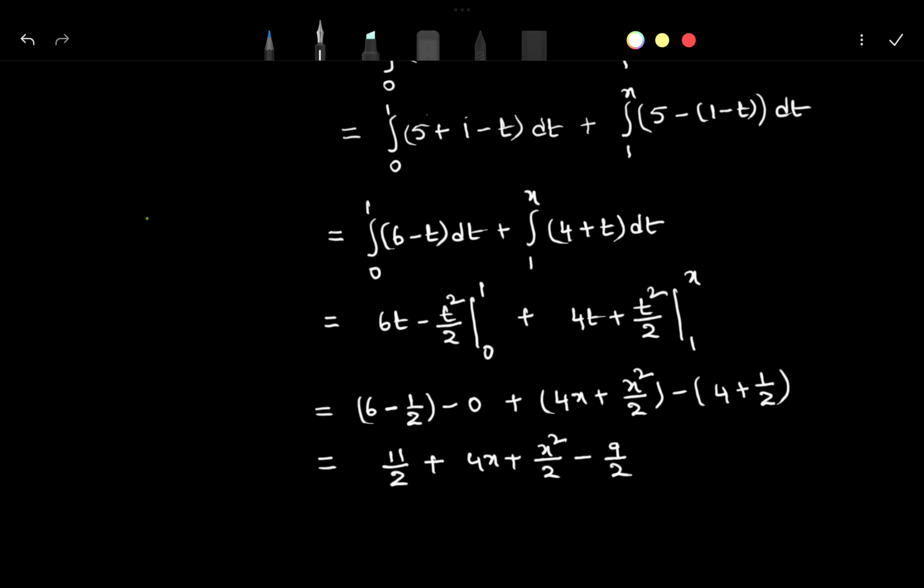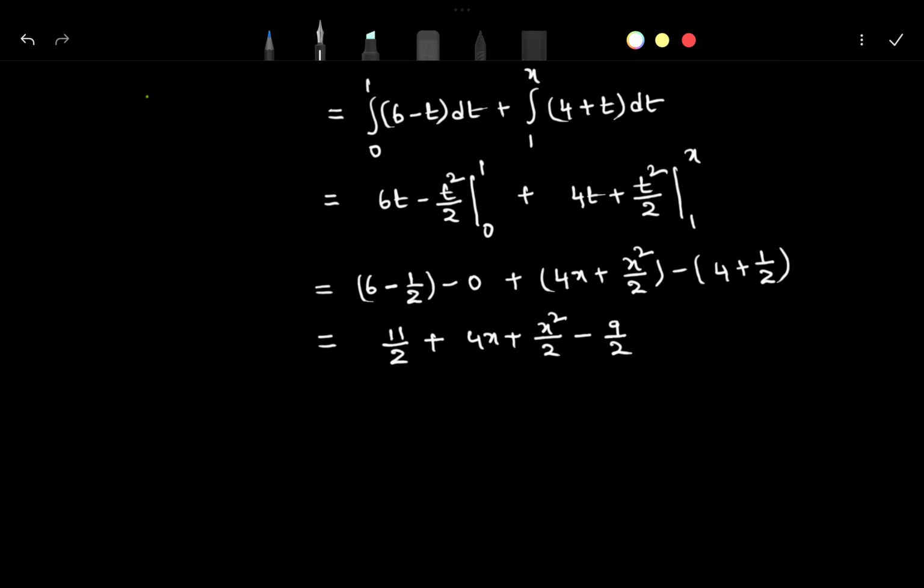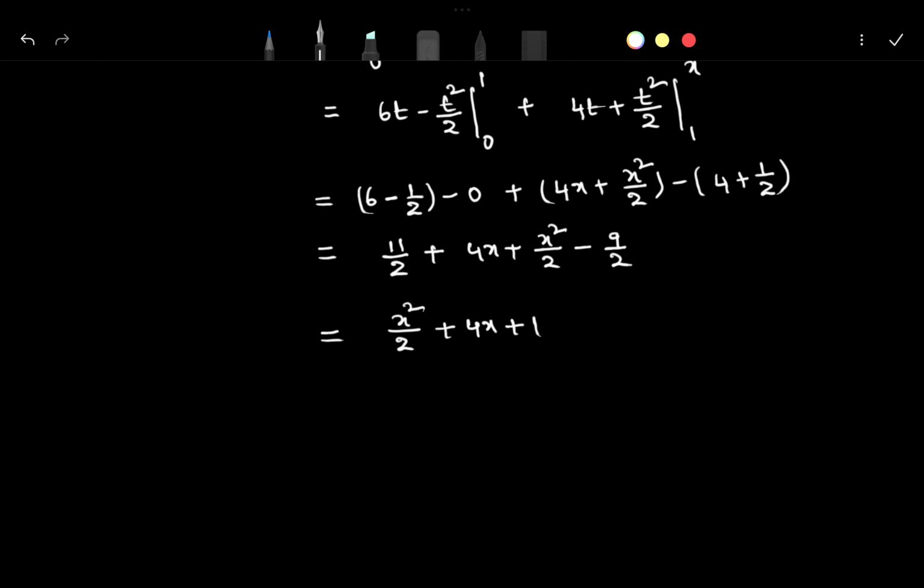So this will be x square by 2 plus 4x plus 11 by 2 minus 9 by 2, that is 2 by 2, which is equal to 1. So plus 1.